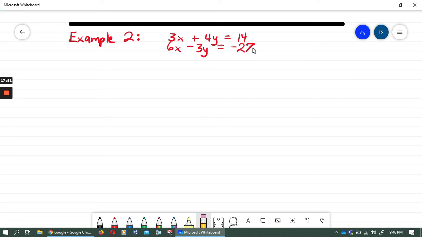We want to multiply one of those equations so that these two numbers, the 3 and the 6, will wind up being technically the same number, but with different or opposite signs. In other words, we want to multiply one of these equations so that those two numbers are now the additive inverses or opposites of each other.